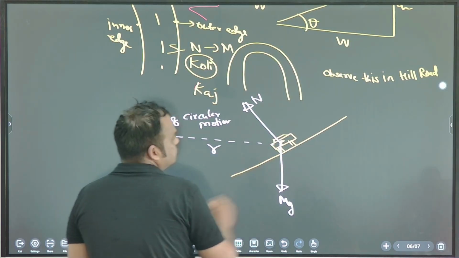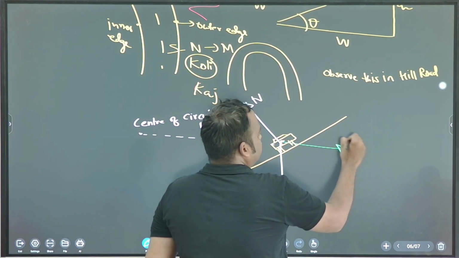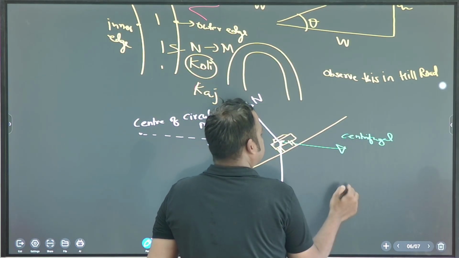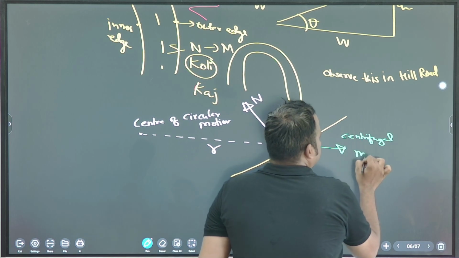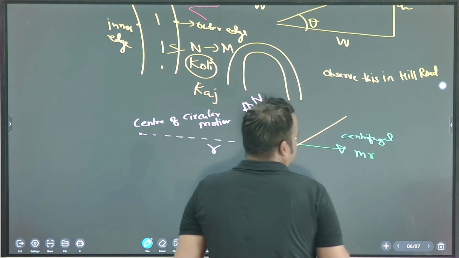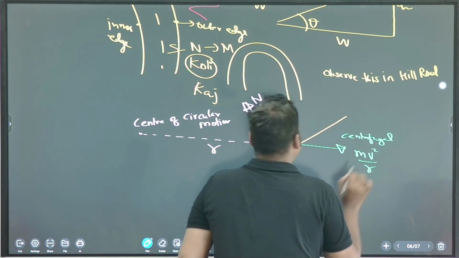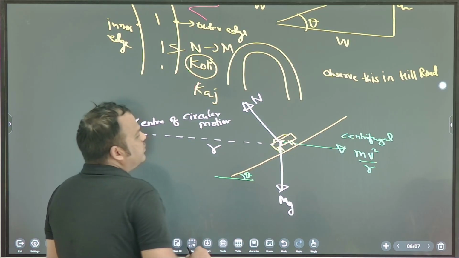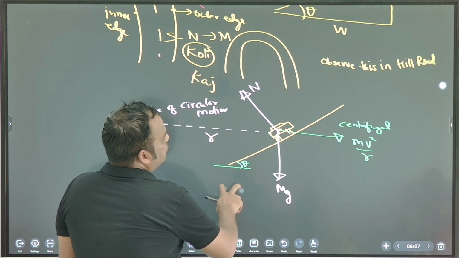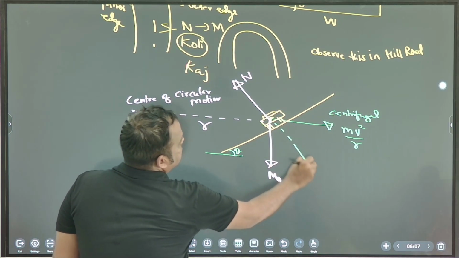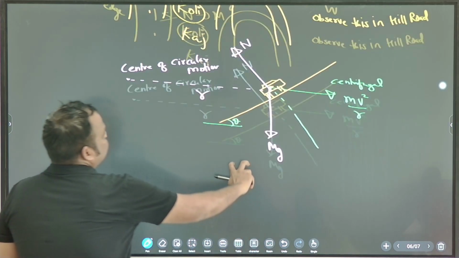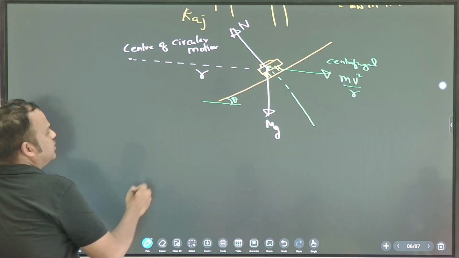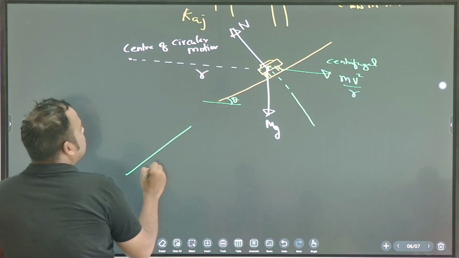Centrifugal force, mv square by r. Now you take components. So how many forces in total? 1, 2, 3. Three forces.